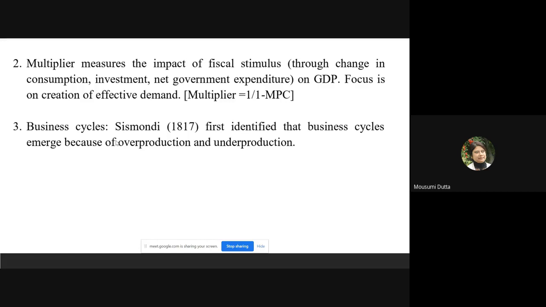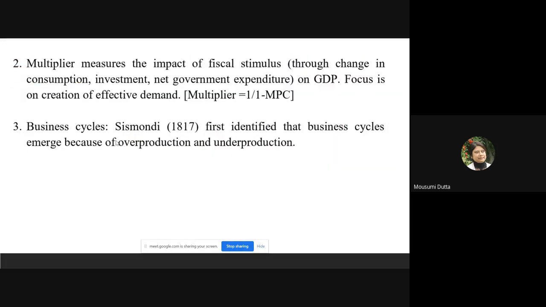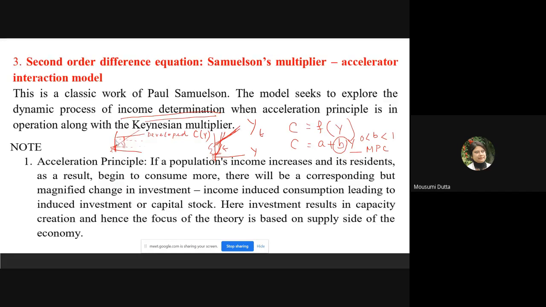So these three concepts are very important to develop Samuelson's multiplier-accelerator interaction model. You need to understand the meaning of the acceleration principle and the multiplier principle. In the case of acceleration, we are talking about stock, improvement in stock.